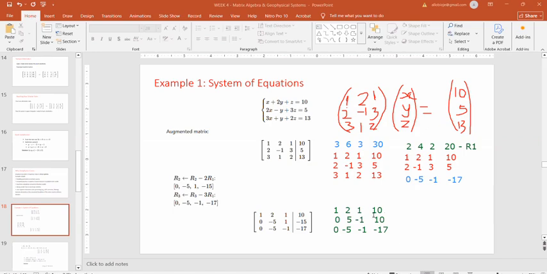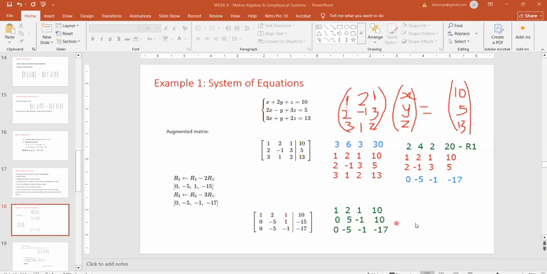You're going to have this. So the next thing we have to do to this is to make minus 5 into 0. And that is just, you add row 2 plus row 3. When you do that, for row 3, you are going to have a 0 here. So that means you still have this one untouched.